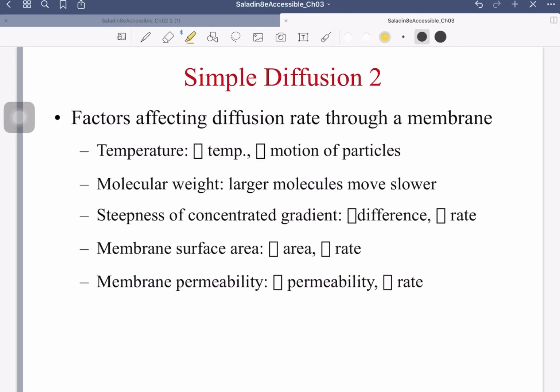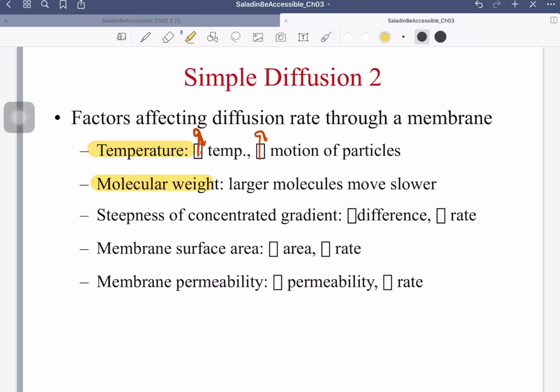One is temperature. If I increase temperature, then I increase the motion of particles. Put more energy in, particles move more, and they're going to diffuse further. The next thing is molecular weight. Not surprisingly, the very small molecules will travel farther faster, whereas the larger ones are slower to move.